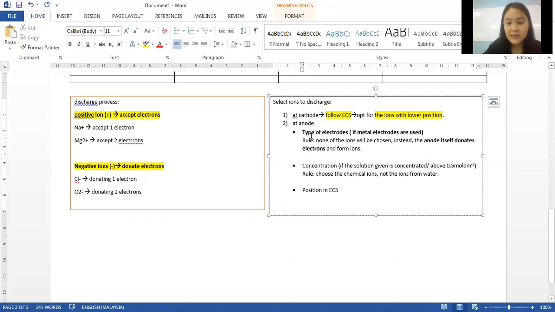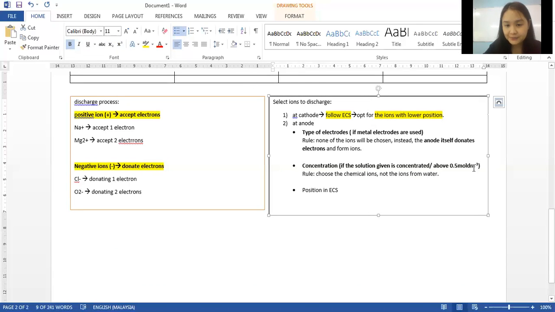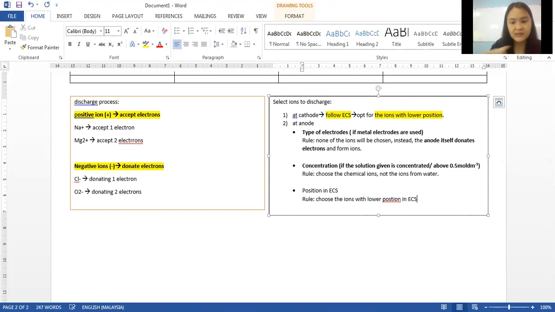We will discuss more about this if you have confusion. We will look into application later. Now the last factor that affects my choice is the position in ECS. If your factor is position in ECS, the rule you're going to follow is you will choose the ions with lower position in ECS.